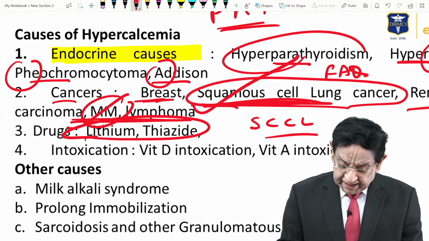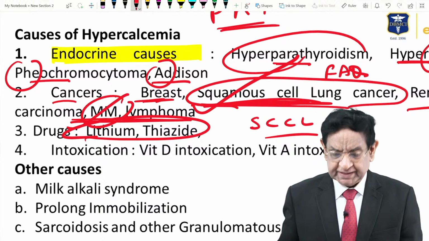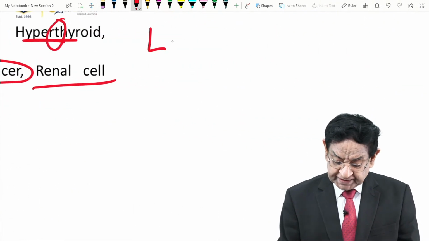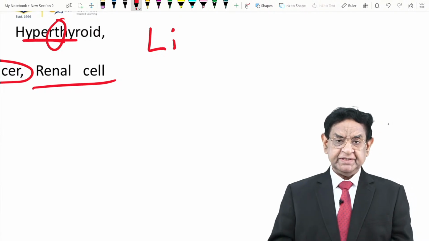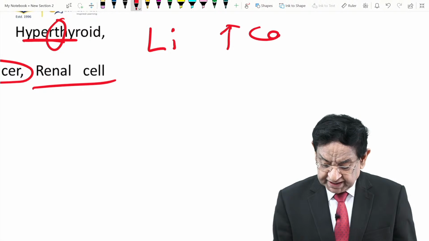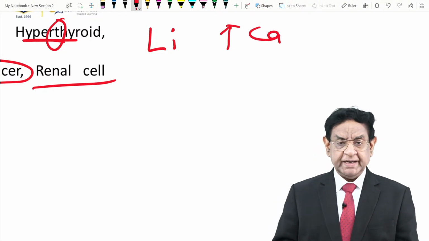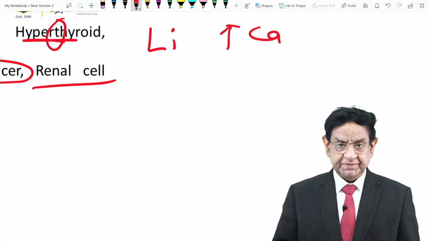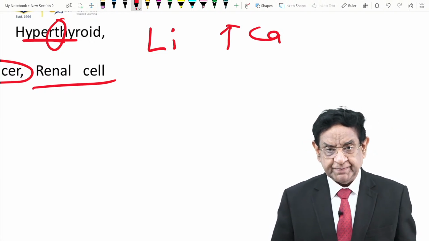Lithium and thiazide, cannot afford to forget this. We know very well lithium is used in psychiatric manifestations. One of the side effects is hypercalcemia. Now again, a very, very important and very commonly asked question. There are two other important side effects of lithium. Write down the answer in your copy.